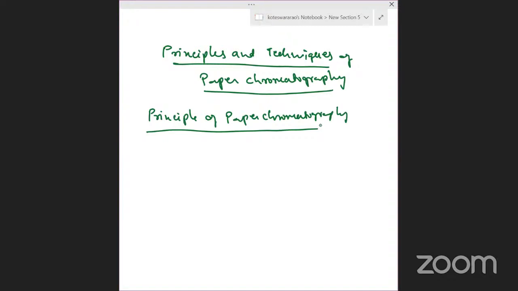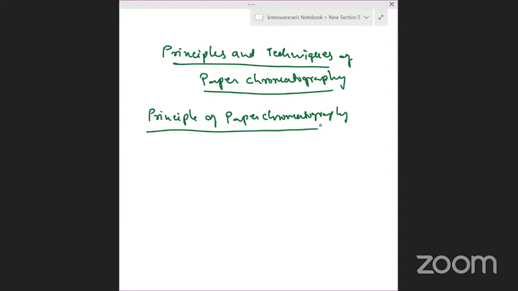The mobile phase used will be a polar system or any aqueous or alcoholic based solvent system. This type is called reverse phase paper chromatography.